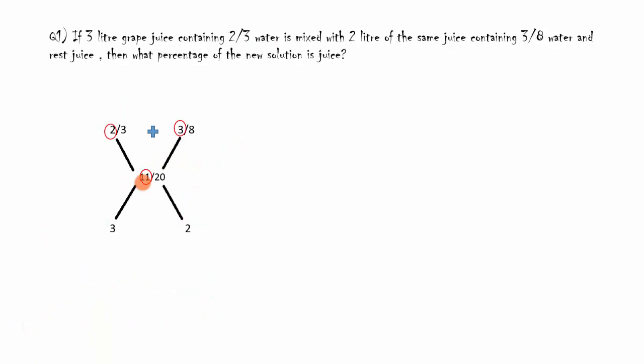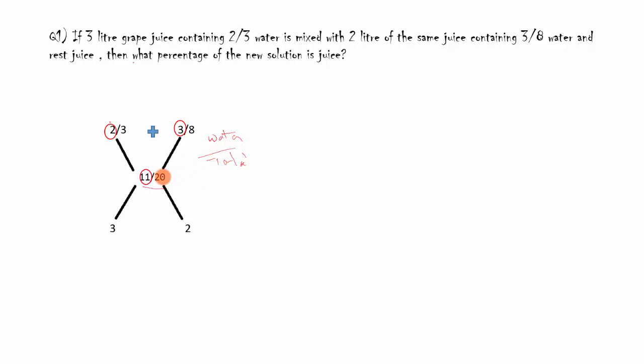Just note that what we are representing here in red circles is water, that is, water out of total. Here also we got water out of total. Now the question is: what percentage of the new solution is juice?